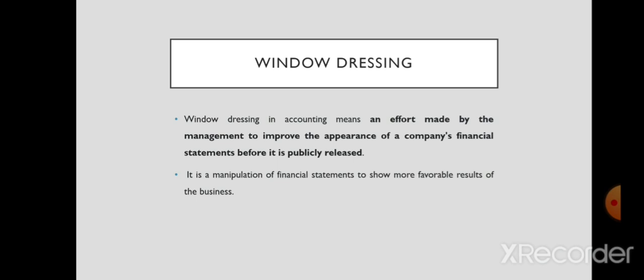As I already told you, why creditors require financial statements, why employees require them, why the investors require them. The requirement of financial statements for different parties is different.